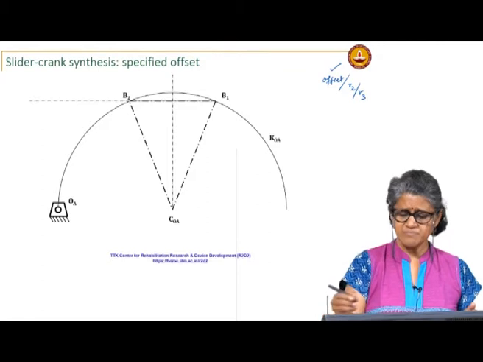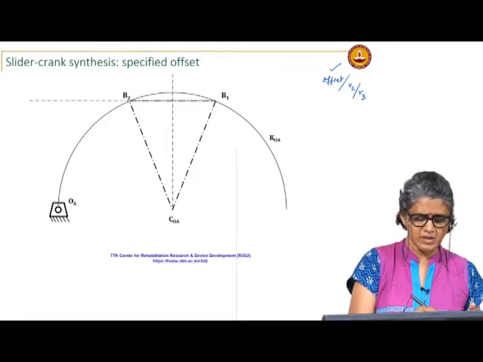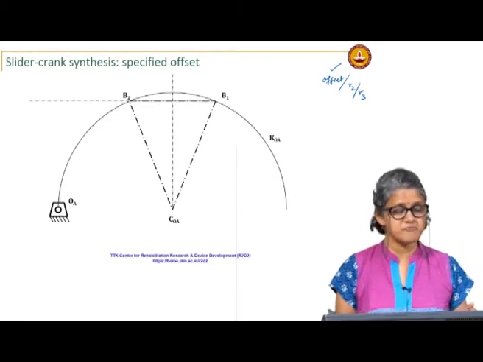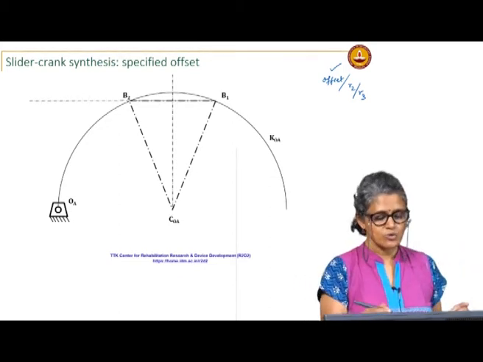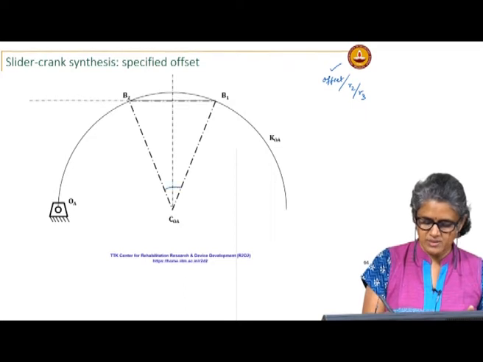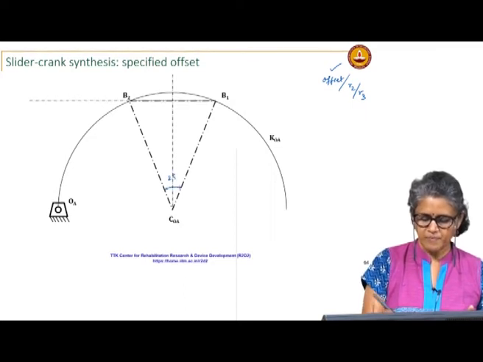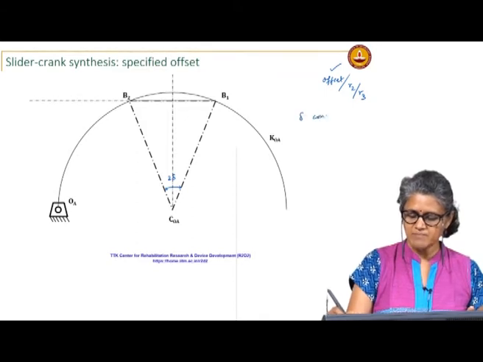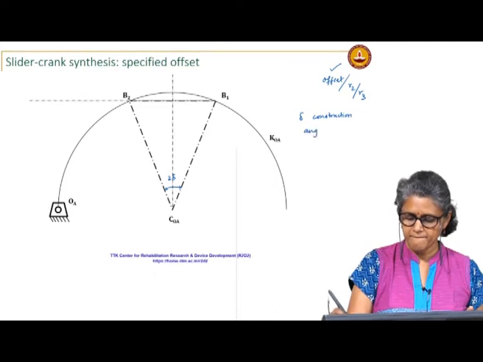So, essentially the fixed pivot lies on the circumference of a circle whose central angle is 2 delta, where delta is your construction angle based on the given time ratio.